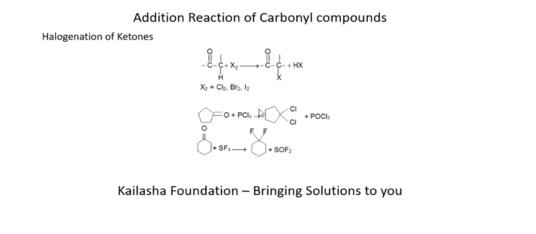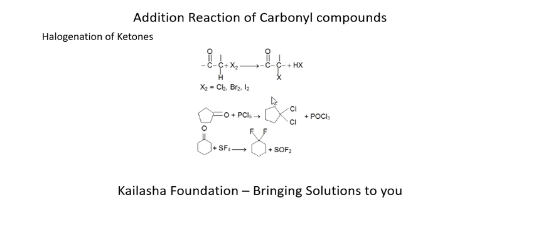But when PCl5 is used for halogenation, then the attack takes place on the carbonyl carbon, and here two halogens are added to the reactant. And similarly, if we want to add fluorine, then we need to use SF4.